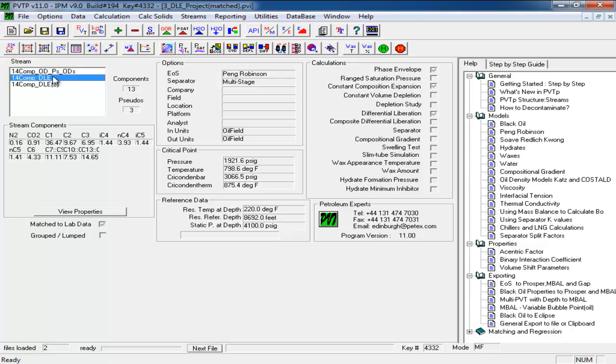So this is step 1. In step 2, we try to keep this matched and try to match CCE. PSAT means saturation pressure plus oil density at this pressure. This is step 1. Step 2, we match CCE.